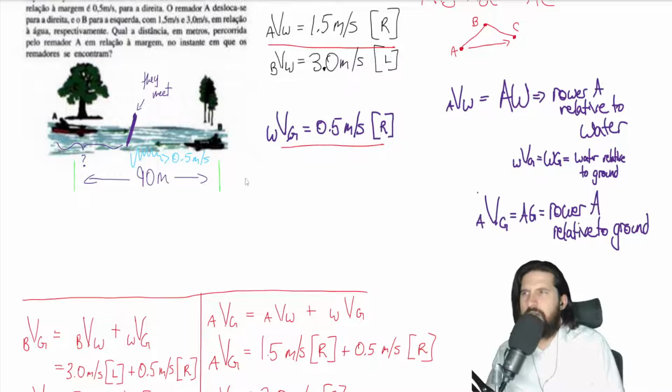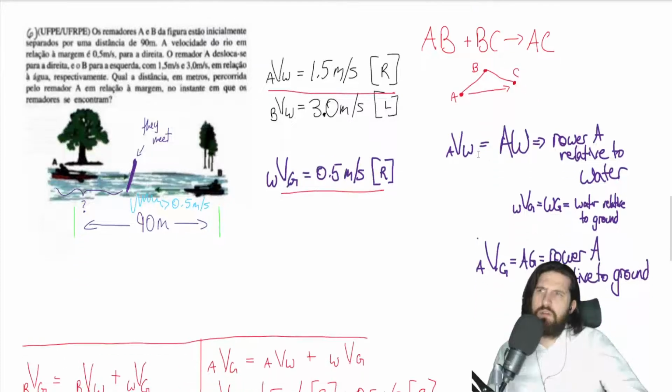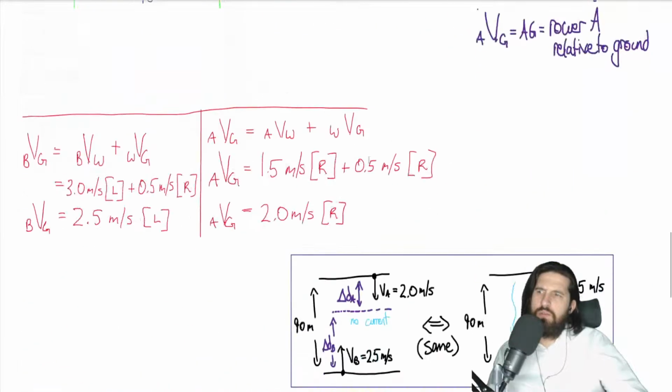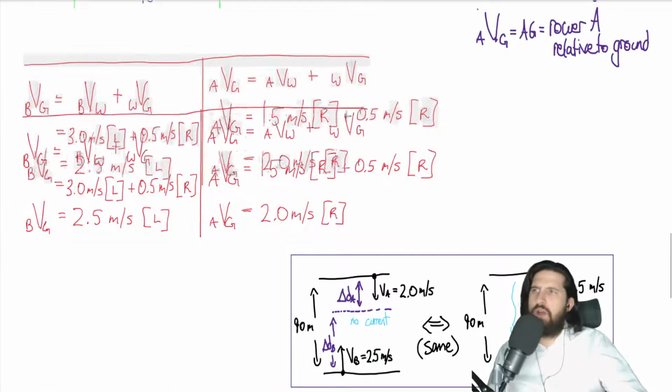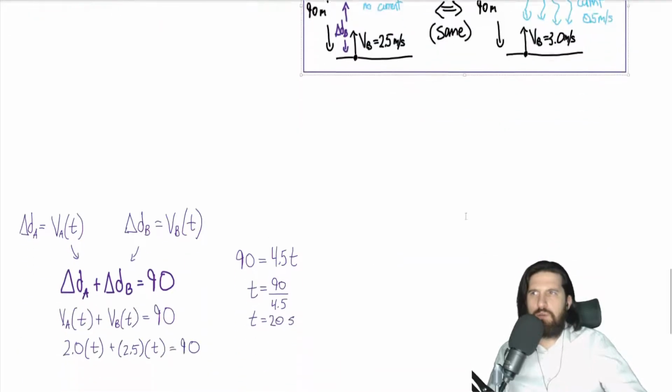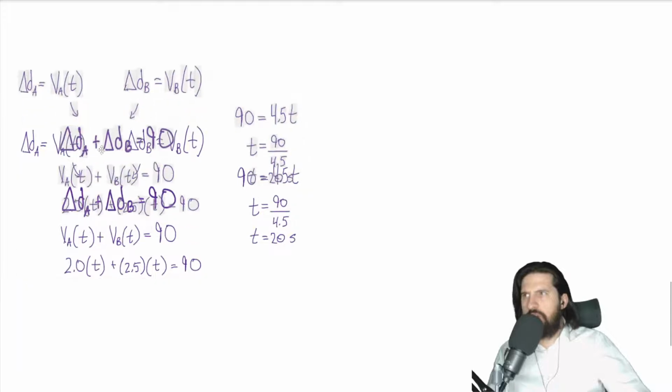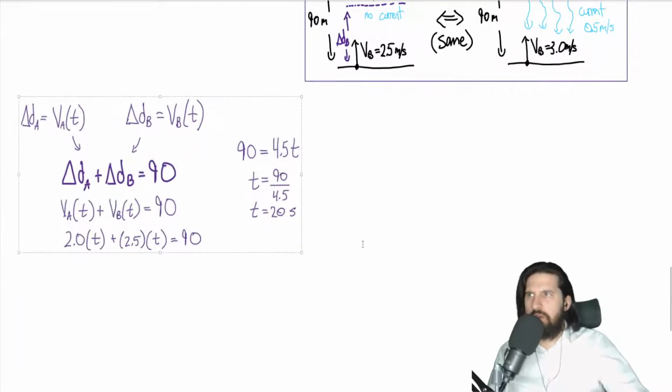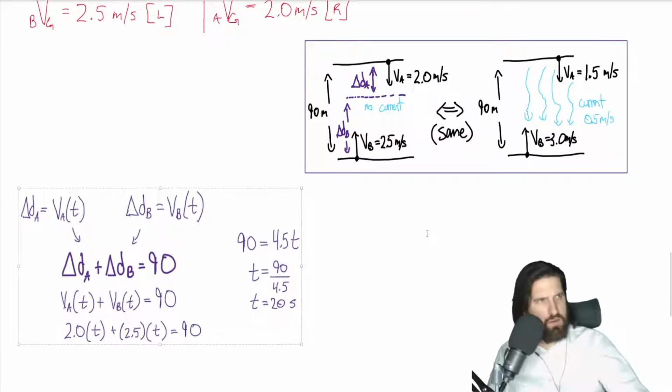No, 90 meters. It's not 90 meters because that would mean that it's going to go the full way. Is it going to go the full way before it meets B? You should be able to tell me if you and I run at each other and you're running faster than I am. Who's going to travel further? Are we going to meet closer to me or closer to you?